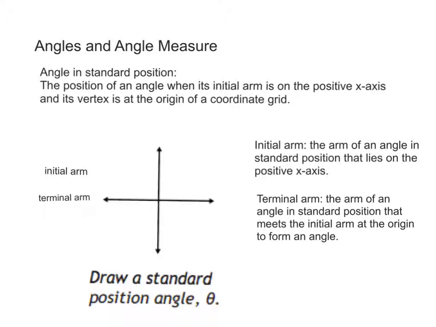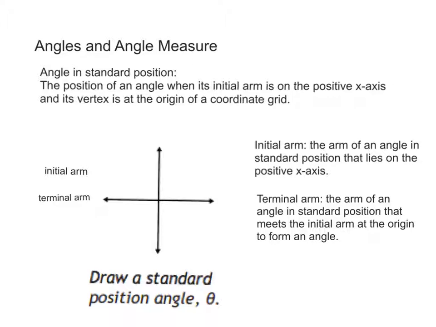Its initial arm is on the positive x-axis. So if we go down here, we look at what's an initial arm. It says it's the arm of an angle in standard position that lies on the positive x-axis. When you look at the definition for standard position, it talks about an initial arm, and when you look at the definition for initial arm, it talks about standard position, which really doesn't help.